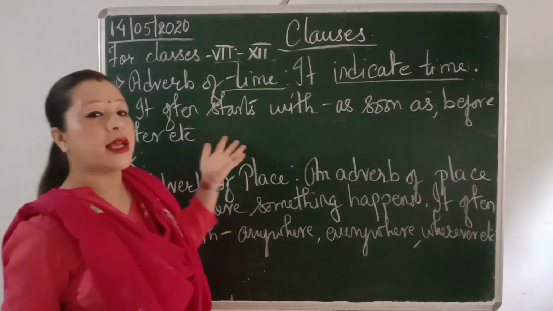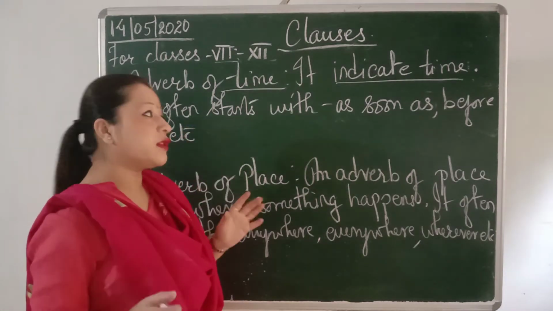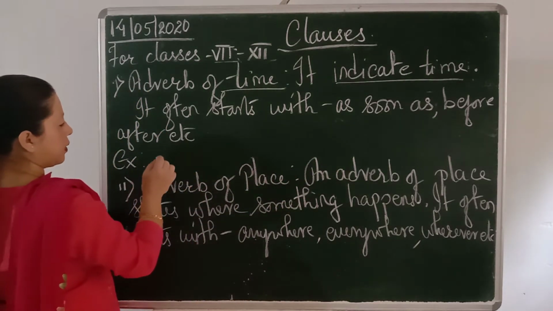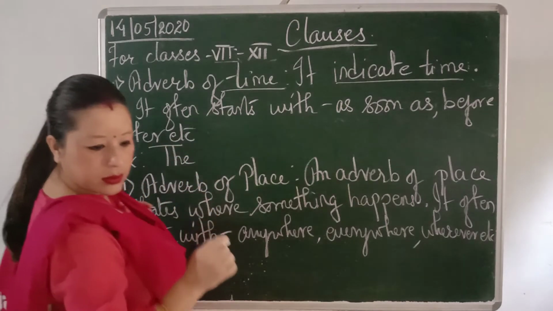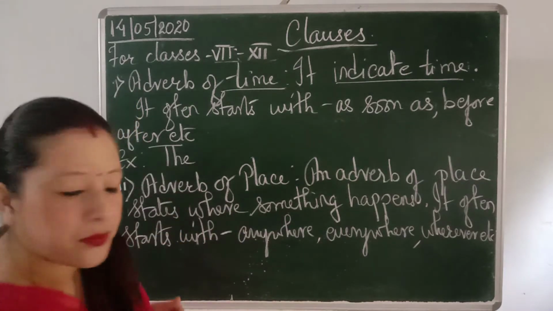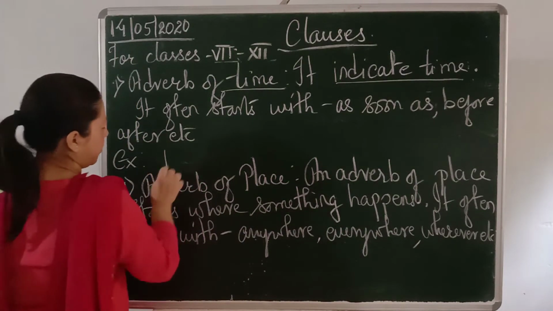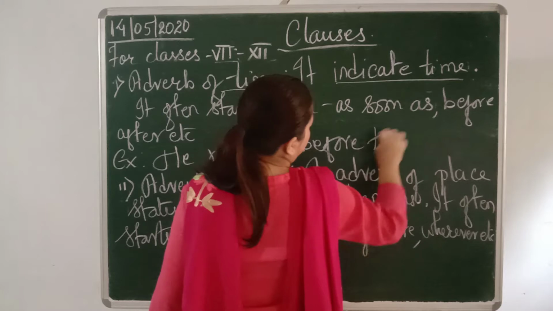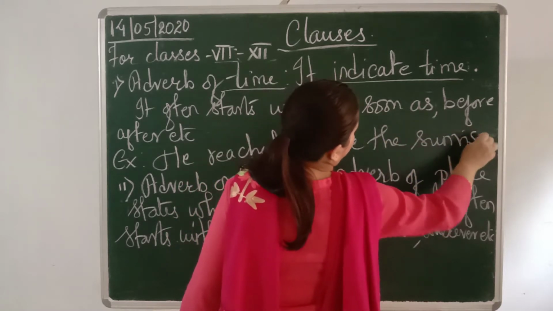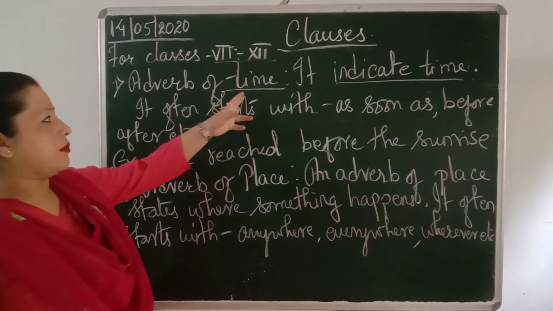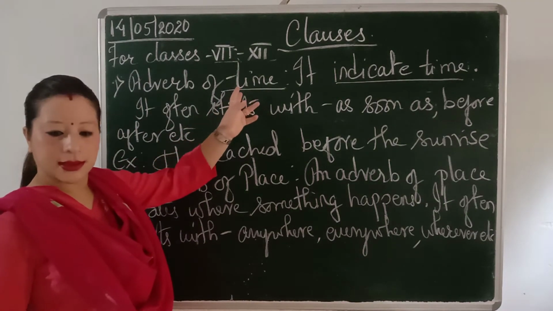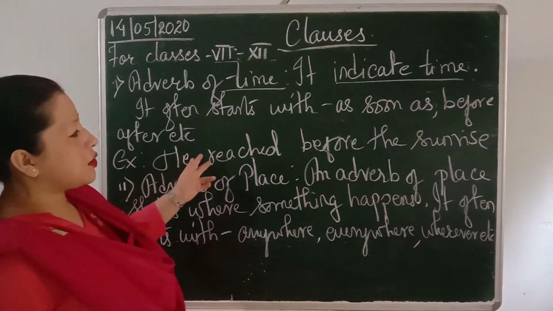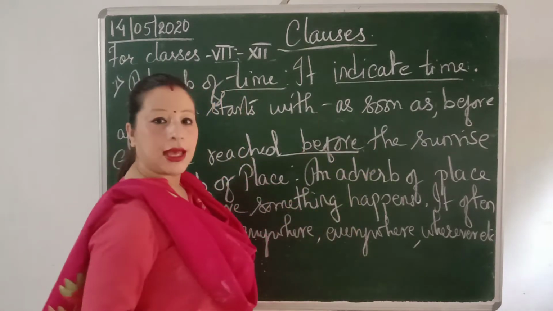When a sentence is presented, the sentence often starts with as soon as, before, after, etc. For example, he reached before the sunrise. So before is an adverb of time.